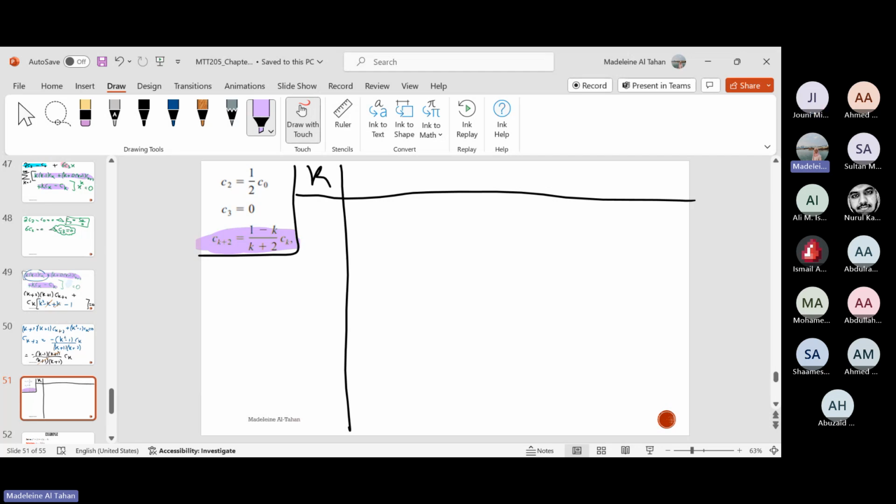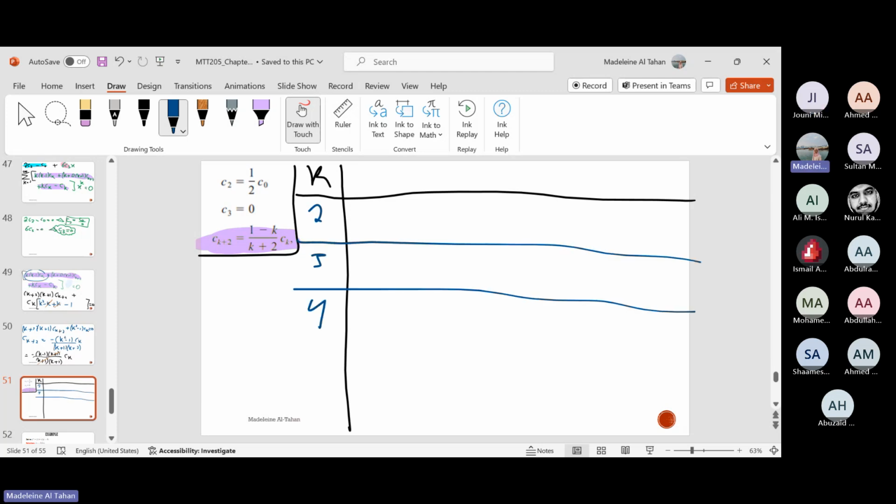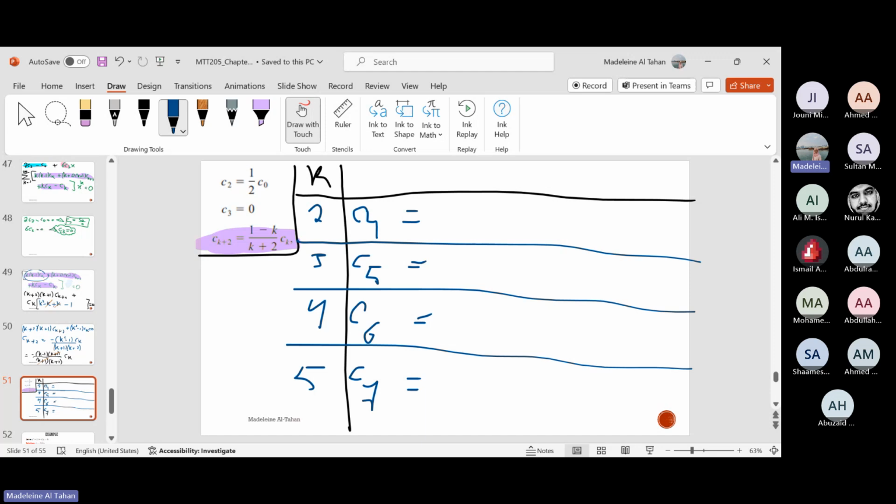We get C3, which we have. So we will start with k equal 2, 3, 4, 5. So at k equal 2, what will we get? C4. And at k equal 3, we will get C5. At k equal 4, we will get C6. And at k equal 5, we will get C7. Right, miss? Is it clear, miss? Yes.